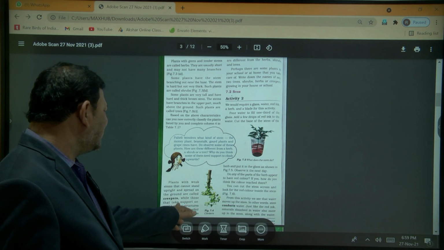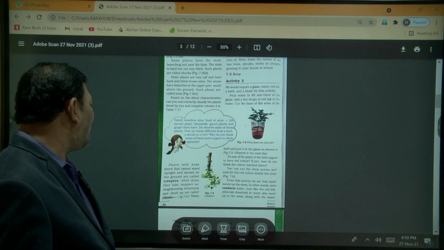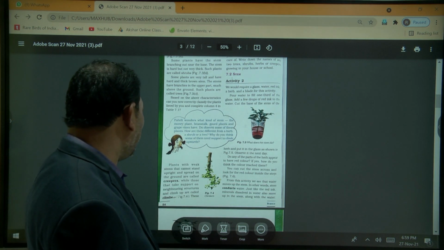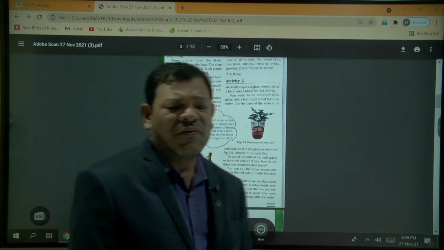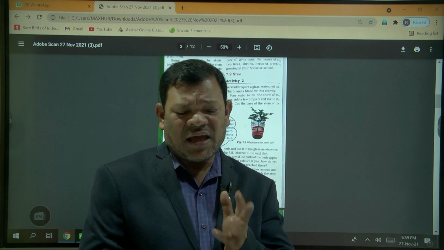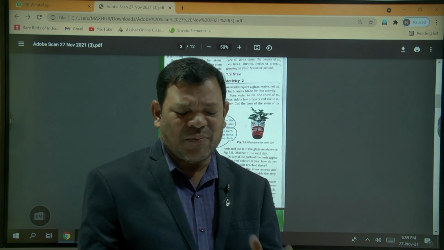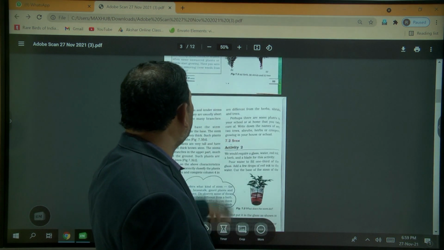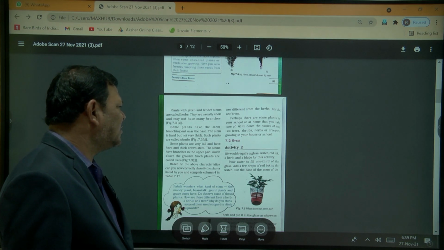While those that take support on neighboring structures and climb up are called climbers. So here in total we can discuss herbs, shrubs, trees, creepers, and climbers. These are different from herbs, shrubs and trees.